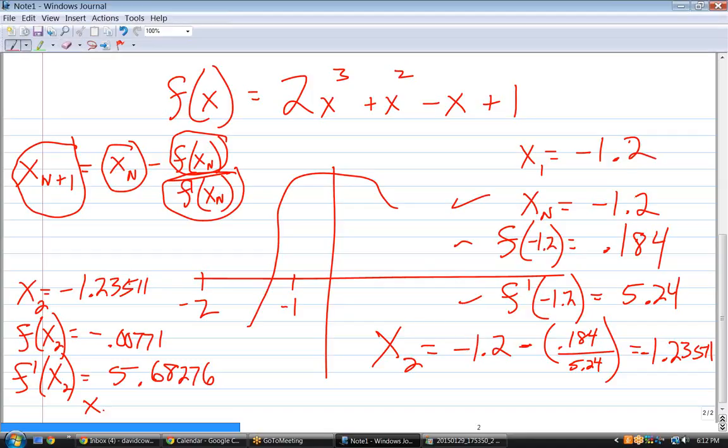So this is going to be x sub 3, and it is equal to minus 1.23375, and if I do this in a calculator, that's the exact answer I get. Okay. So 2 iterations is all it needed to get the accuracy to within 1/100,000th of a decimal point.